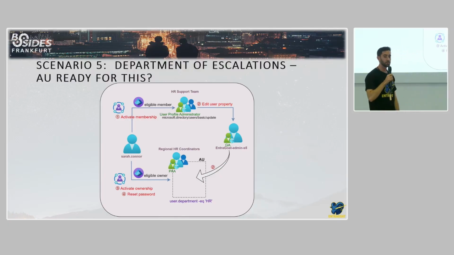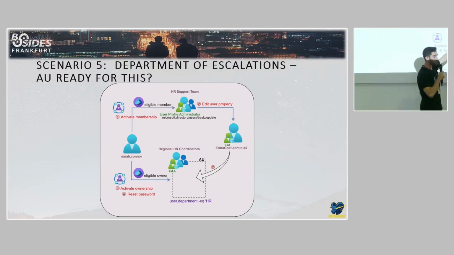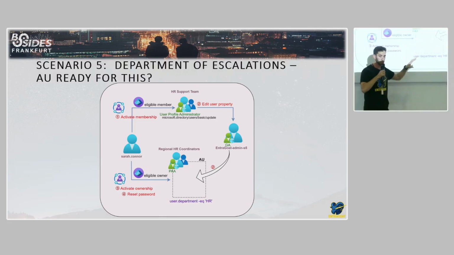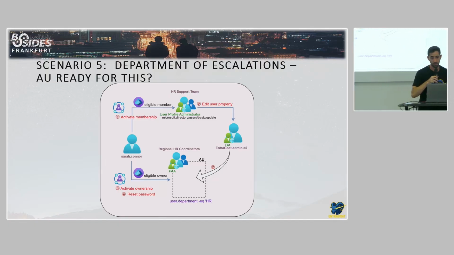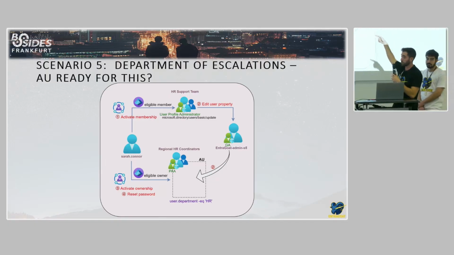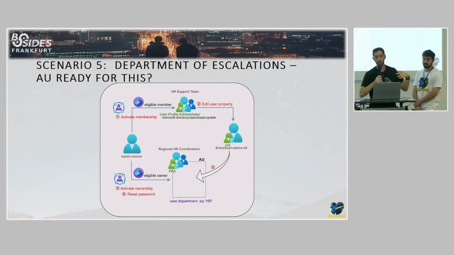But if you combine it together with a privileged role over a specific AU, that means that this group is only privileged on that specific AU, only on the HR department users. But if you combine the attack path from above with the one down there, you understand that you can edit any properties on any user you want, so you can cause it to be added into the AU, and then you have control over it, so you can reset its password. Okay? Very, very realistic scenario, by the way.